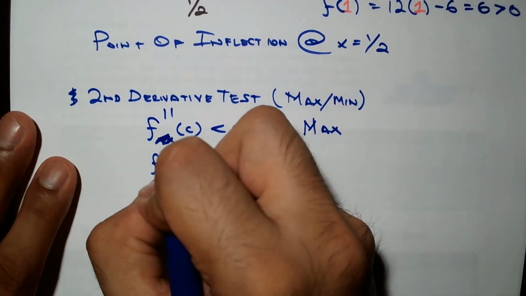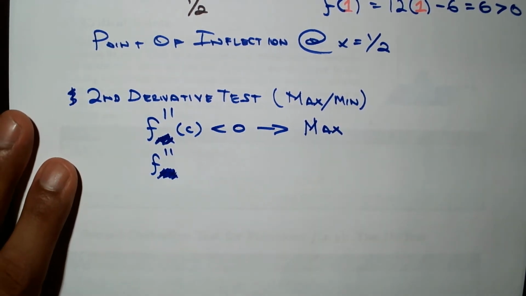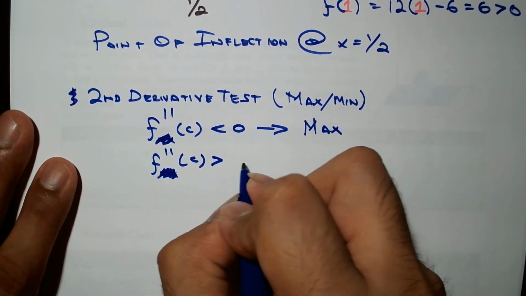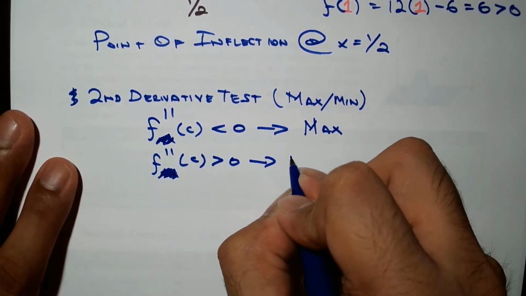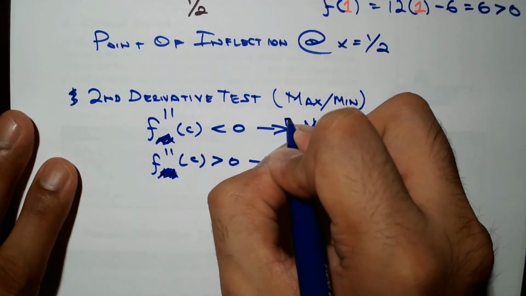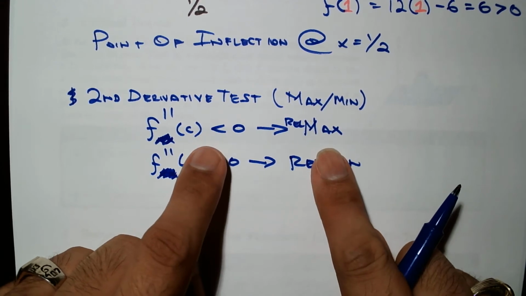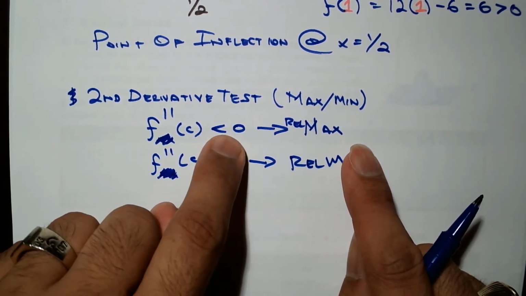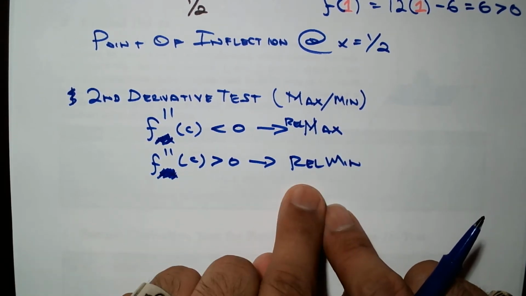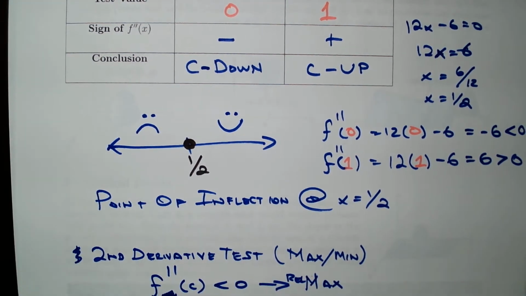That's the notation, double prime. So when we evaluate the critical number and we get a positive number, we get a real min. So keep in mind these ideas are sort of reversed. Second derivative negative means max. Second derivative positive, real min. And you can see it in the picture in the happiness and sadness of f of x.